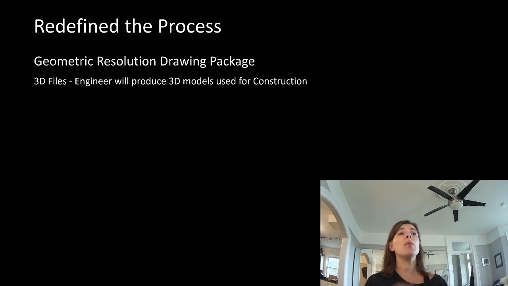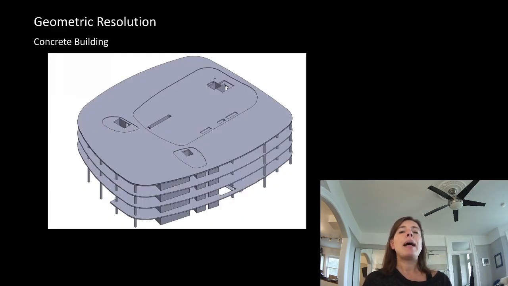And so this is where I would produce 3D models used for construction. The very first thing I needed to do was produce a 3D image in my software of the concrete building. The base building engineer, I didn't have access to the Revit drawings. First off, they were unwieldy, and they weren't easy to work with. I took the engineer's 2D drawings and produced this drawing right here.